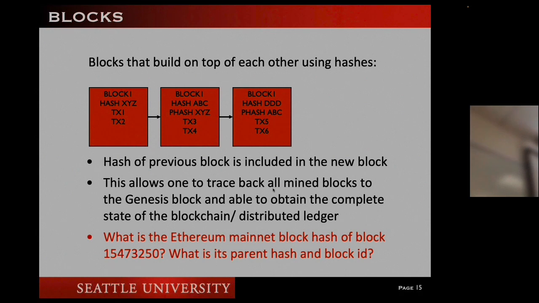So I'm curious about the transaction 1 and 2 here. Are they transaction hashes or the actual raw transactions? I think it's actually the root hash of the transaction Merkle tree. So this is actually incorrect the way it is listed here. The block will not contain all the transaction hashes, because that's a huge list. The reason for that is we want the blockchain to be easy to distribute.